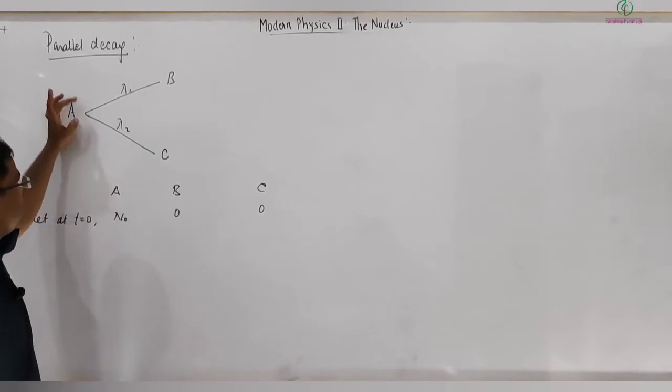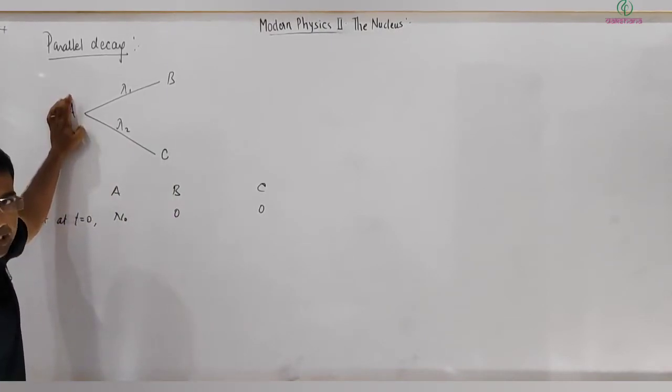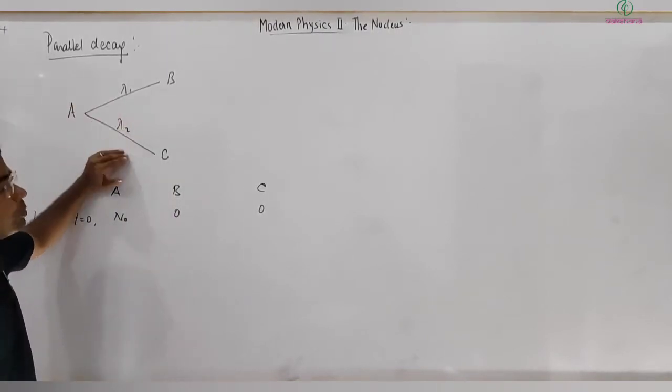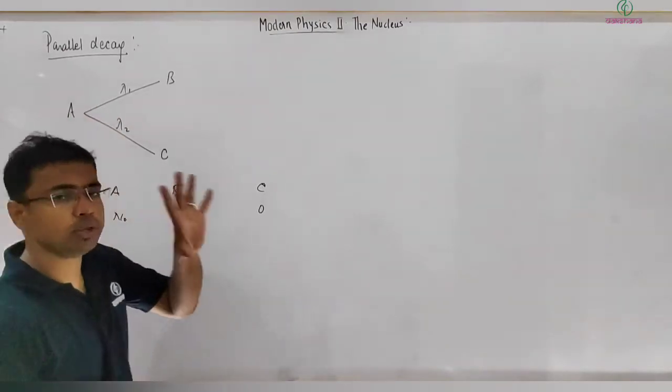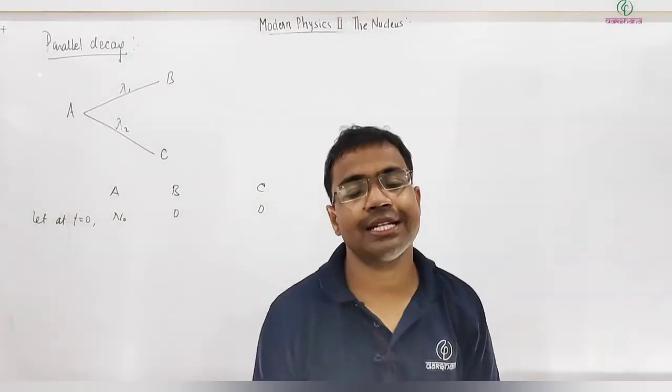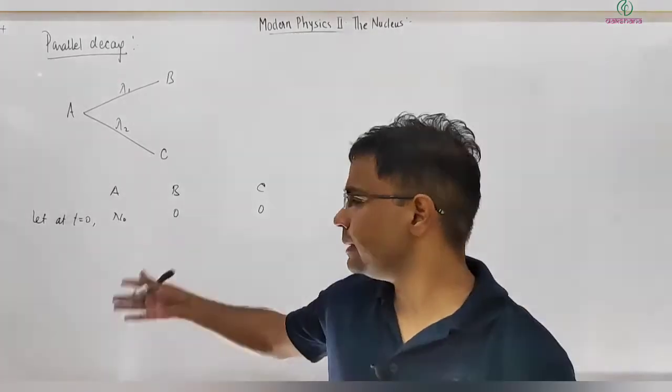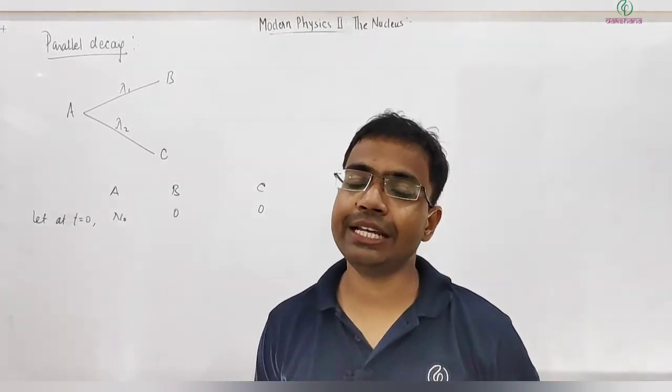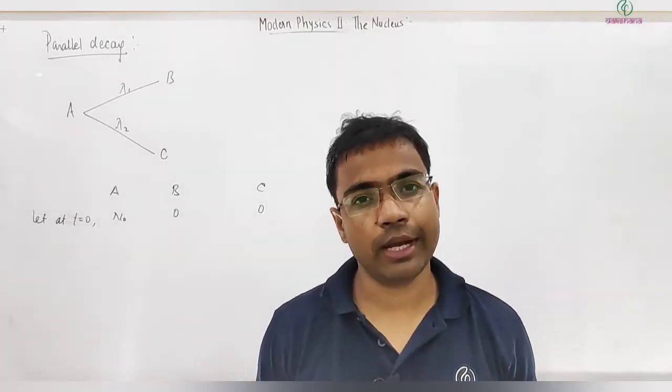Because two processes are going on parallelly, if I know the average or cumulative or effective decay constant of A, then by the part we have studied, I can directly write the number of radioactive nuclei of A left.